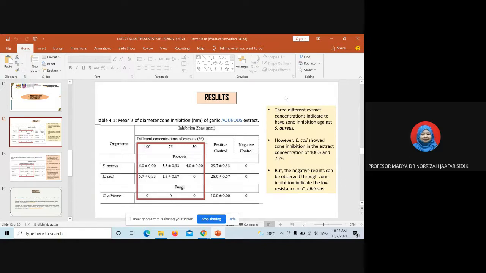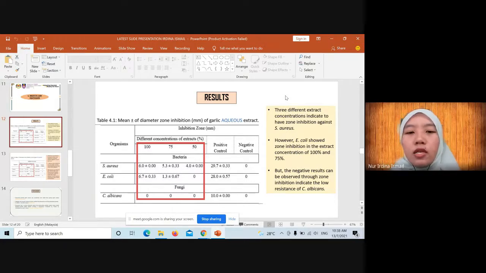Can you explain between the positive control and the negative control? Yeah, the positive control and the results that you obtained here. The positive control that I obtained is a susceptibility antibiotic. Wait, let me re-answer.